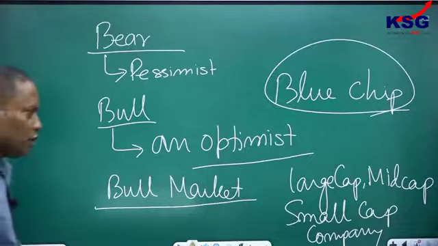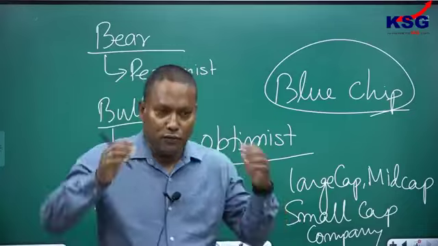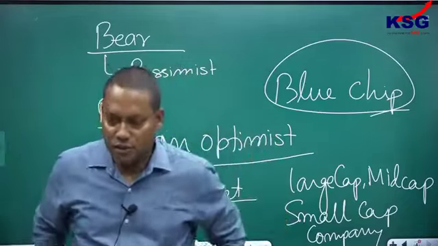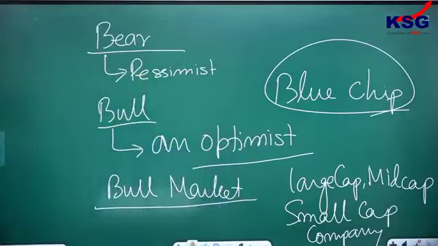Market capitalization means the total value of equity and shares in the market. Companies with very high market capitalization are called large caps, the next range below is mid cap, and the bottom one is small cap companies. Full stop, right?